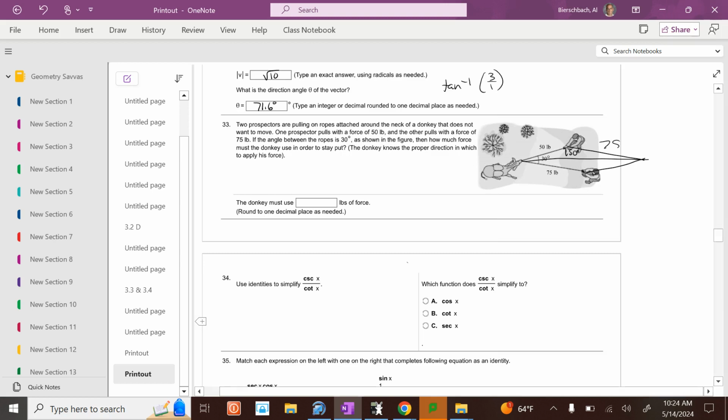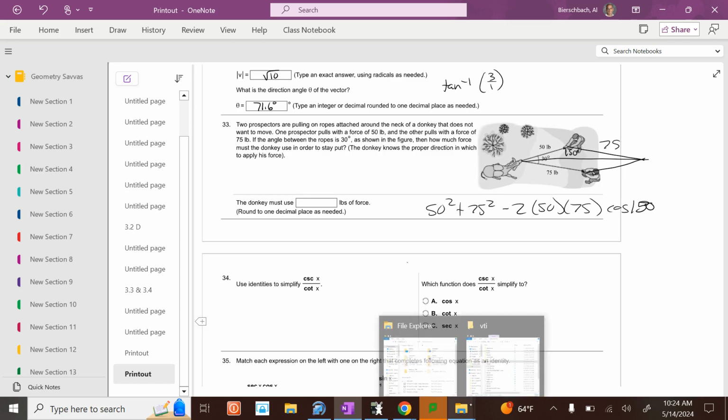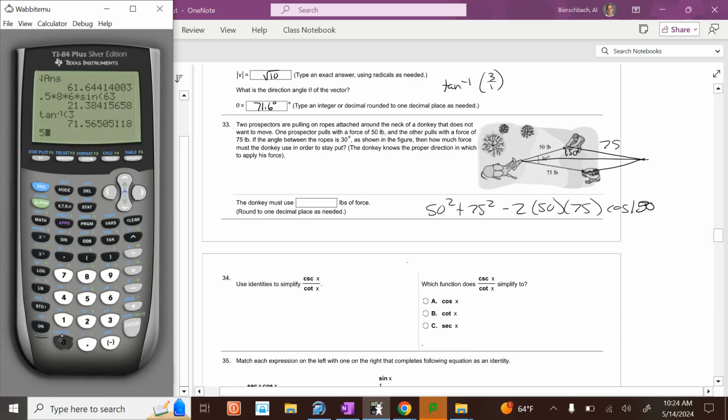This is 50, this is 75, so it's the law of cosines. So it's 50 squared plus 75 squared minus 2 times 50 times 75 cosine of 150, because it's the cosine of the angle opposite.